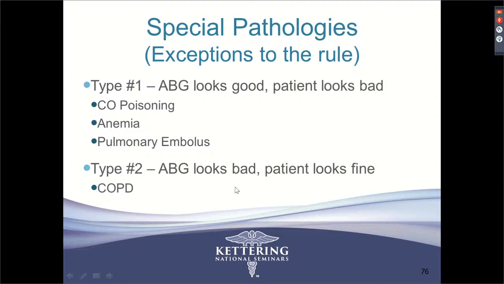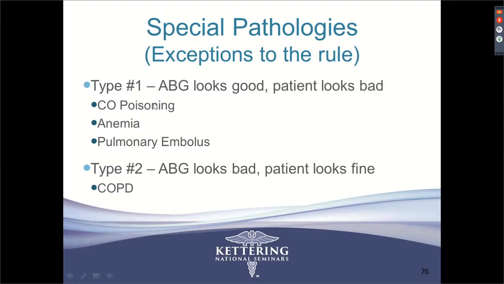I've got to do something. This blood gas is not really telling me what's going on with the patient. All right. So some examples of a type 1 patient are CO poisoning, anemia, and pulmonary embolus. Those are all examples where the blood gas looks good, but the patient looks bad.